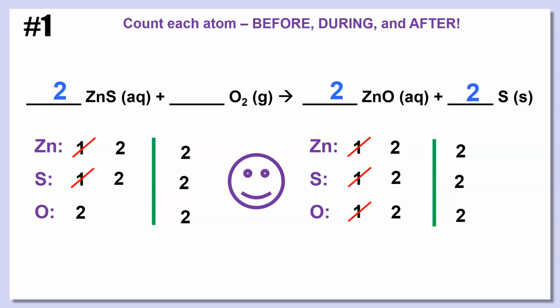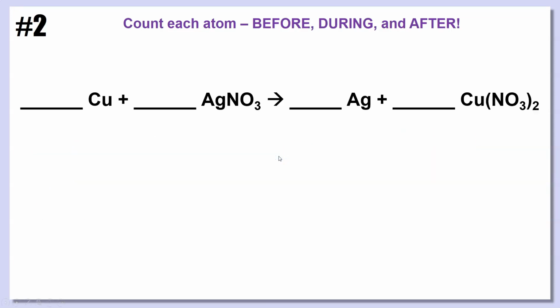Let's do another one. The first thing we're going to do is we're going to make our list of our elements. We have copper, silver, nitrogen, and oxygen. I'm going to drop that list below on each side of the arrow.